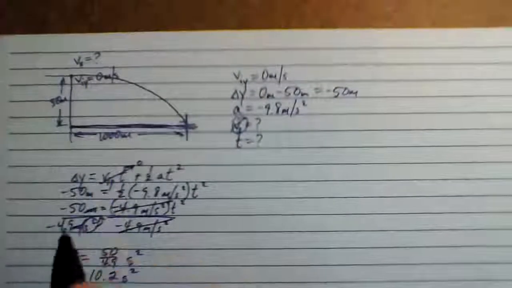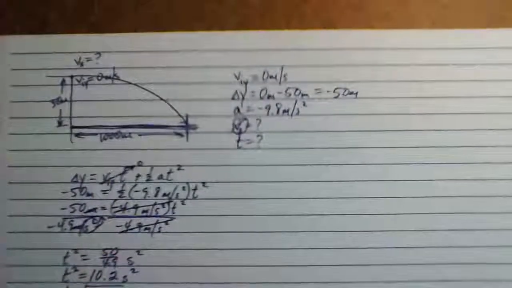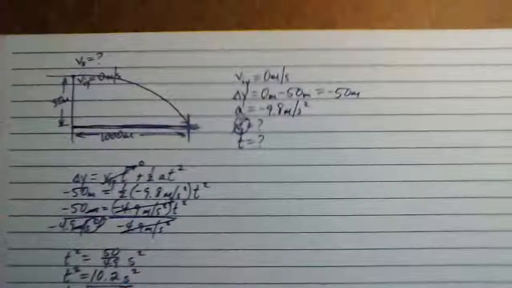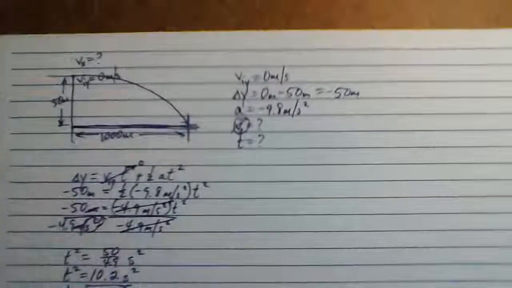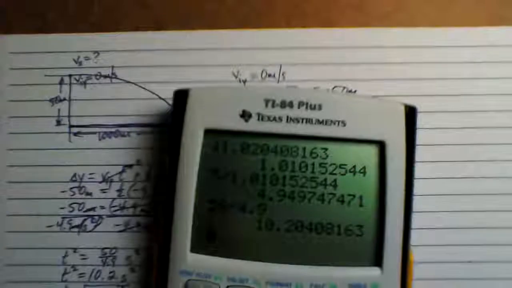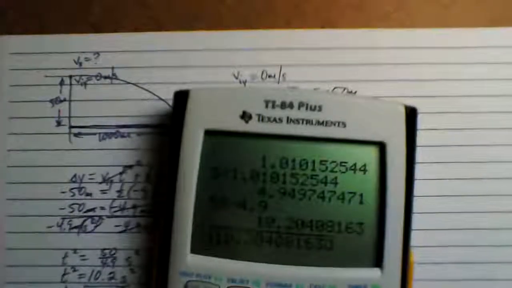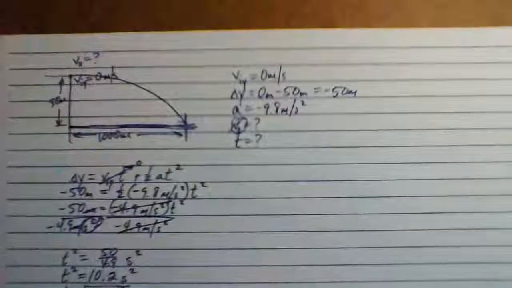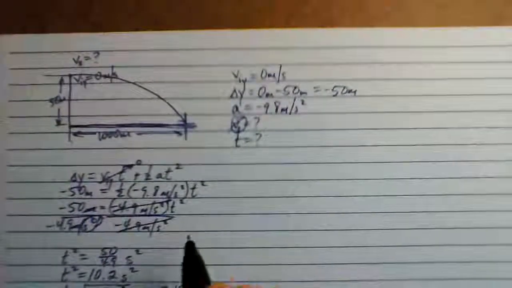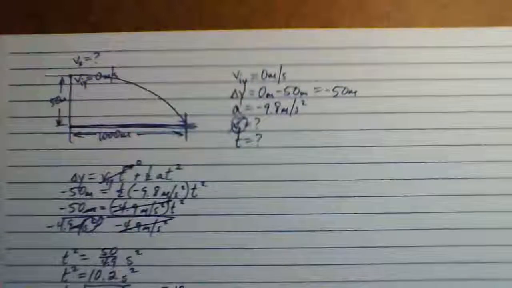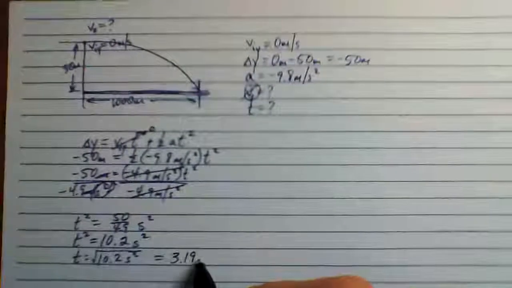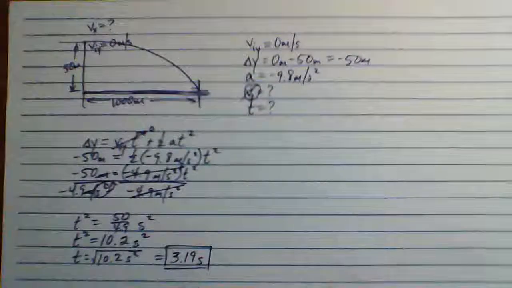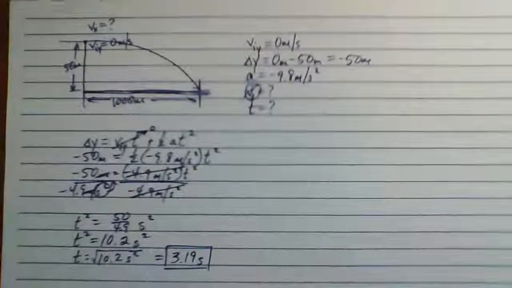I'm going to take the square root of that and say t equals the square root of 10.2 seconds squared. Make sure it's all under the radical sign. And we're going to go ahead and calculate that out since I cannot do that in my head. It's 3.19. Our units, since it was seconds squared here, the square root of seconds squared is seconds. So it has 3.19 seconds to fall.